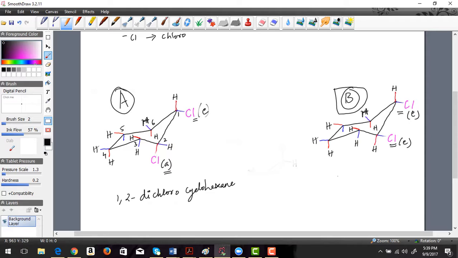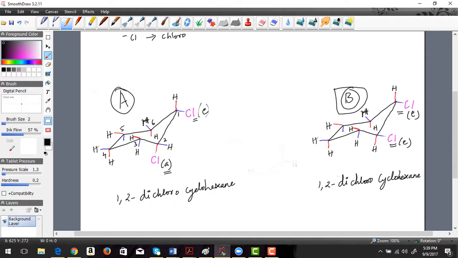And here this is also 1,2-dichlorocyclohexane. So you can have two molecules that have two different combinations of axial equatorial, equatorial equatorial.